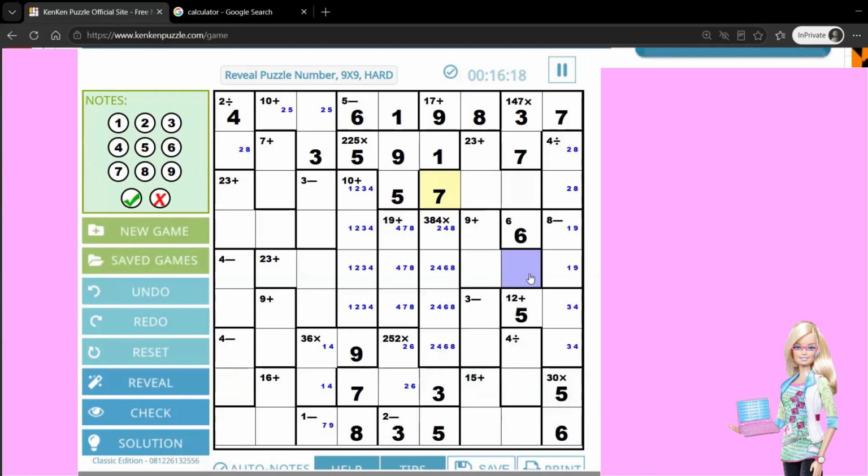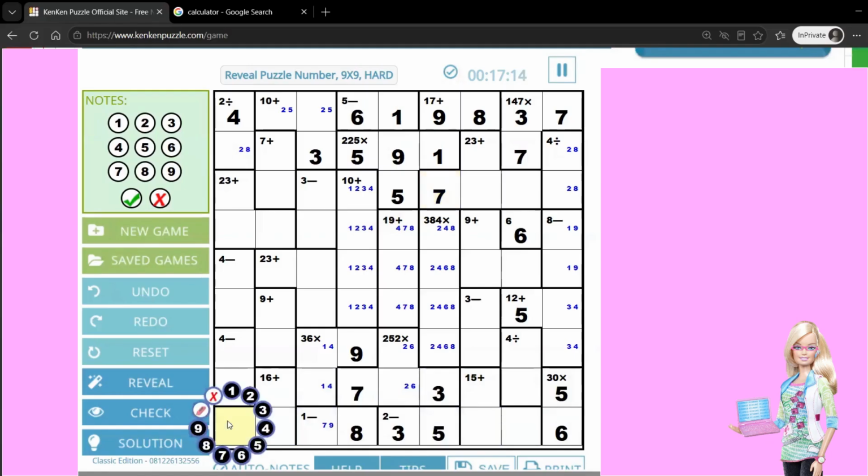What can I do? Maybe a better question is, does a 1 go in 16 or does a 1 go in 15 for this bottom row?